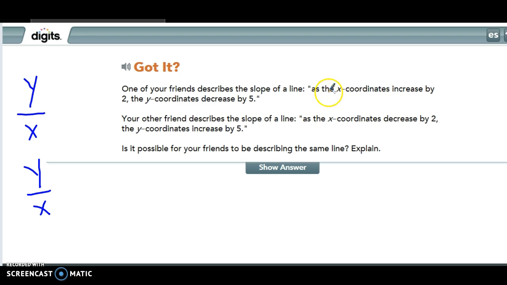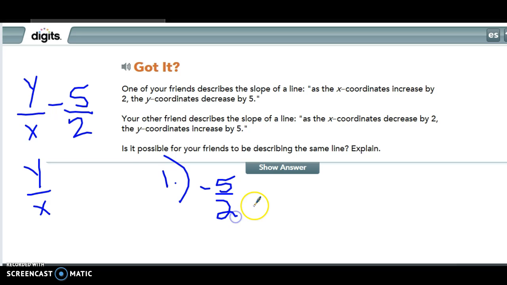So for your first friend, it says the x-coordinate increases by 2. So your x is a positive 2. And your y-coordinate decreases by 5. So it's -5. So for your first friend, you have -5 over 2. Okay, your second friend says that the x-coordinate decreases by 2, but your y-coordinate increases by 5.